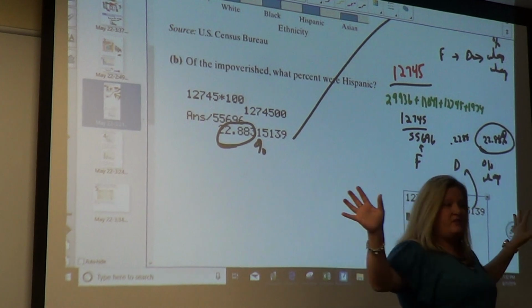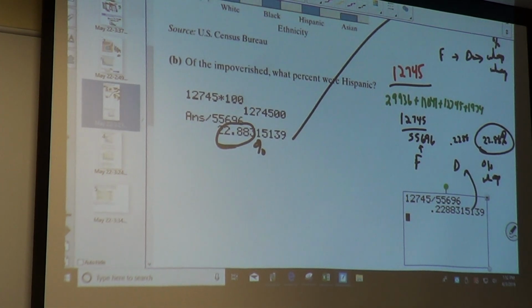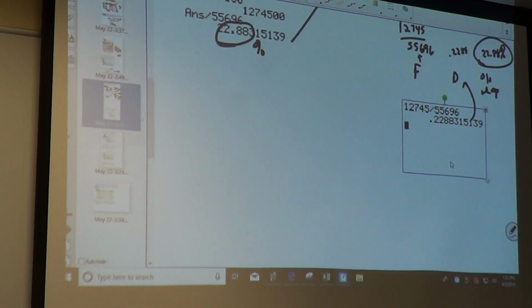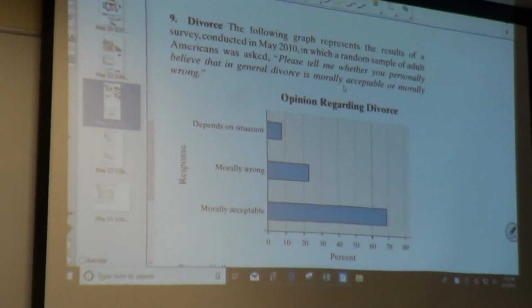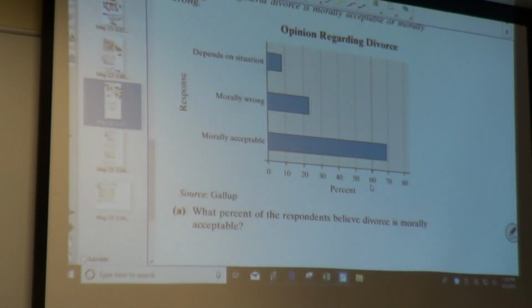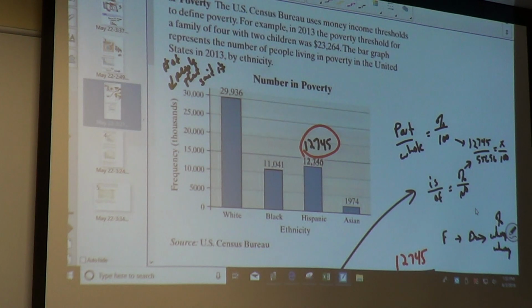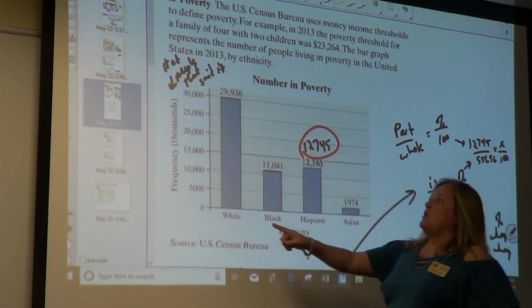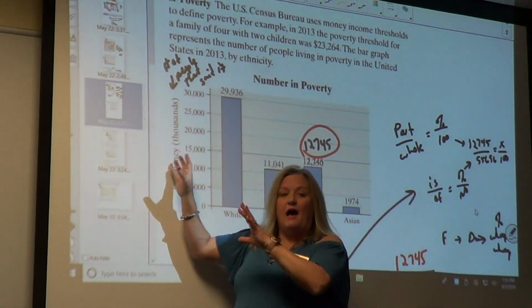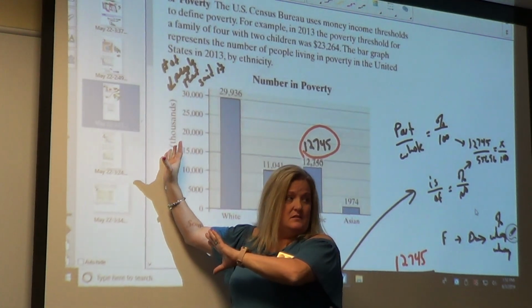I don't care which method you use. All right. What percent of respondents believe divorce is morally acceptable? Now, let me scroll up for a minute. Remember, over here was the frequency. How many people were asked?